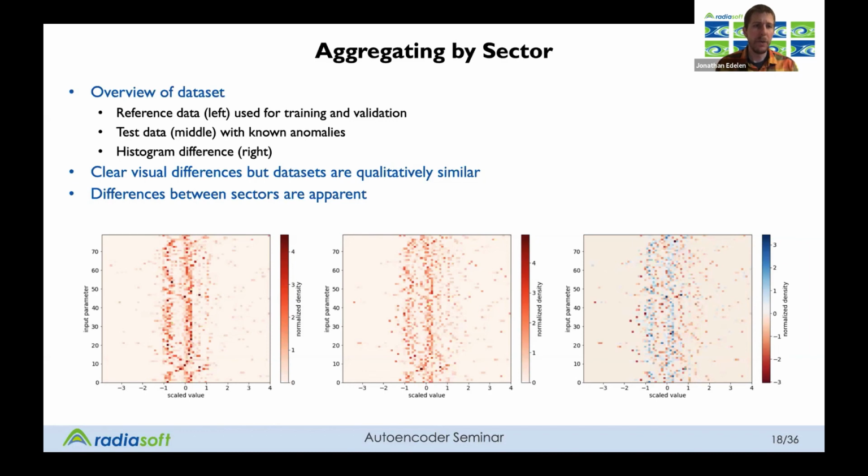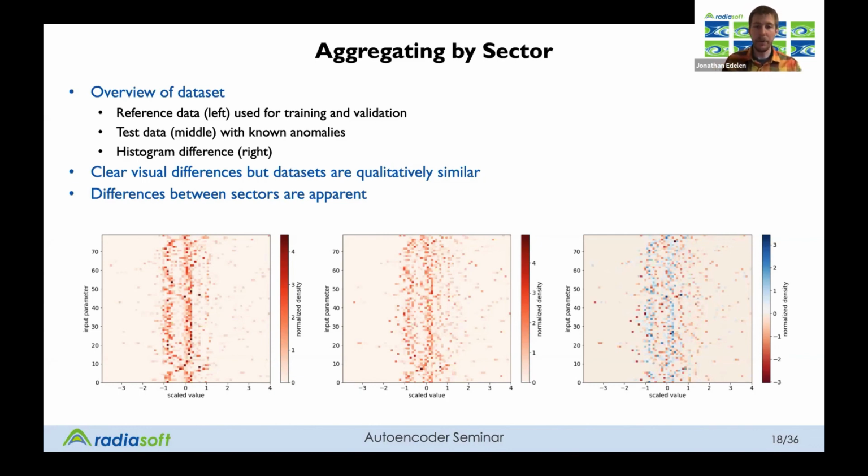In the middle, I'm looking at the test data. These are all known to be anomalies. In this particular test set, every single test set had a magnet that failed. And then the far right is just looking at the difference between the two. So how similar are these? There are definitely some visual differences, and there are some visual similarities.